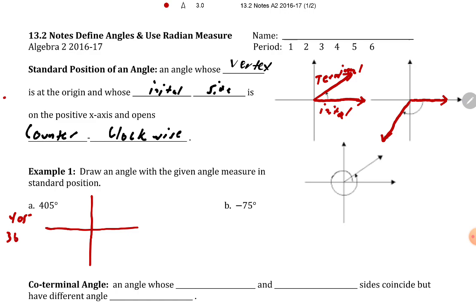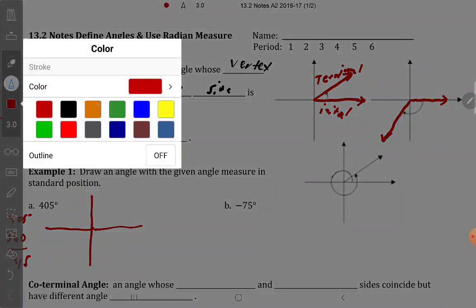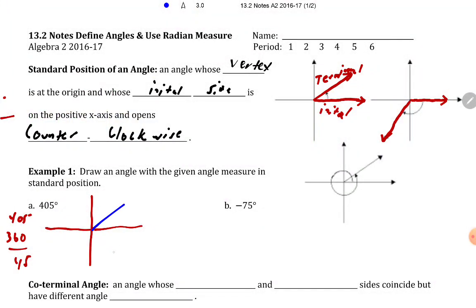So we want to know how much a little bit above 360 that is, and that's 45 degrees. So a 45 degree angle looks like that. And that's how we would draw a 405 degree angle.